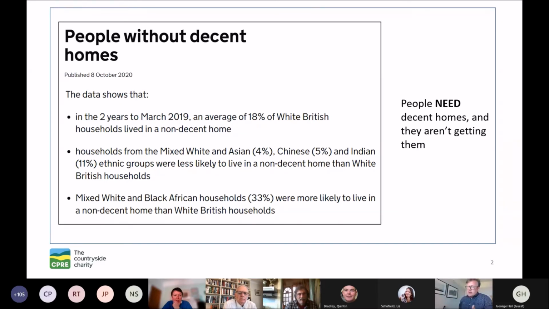That can have an ethnic dimension to it, but in an often exploitative private rented sector, this can lead to people having very different living experiences. But if you look at the overall figure here, around 1 in 5 households are living in homes that don't qualify as being decent, and that's scandalous. It's not a deficit of quantity, it's a deficit of standards and regulations.